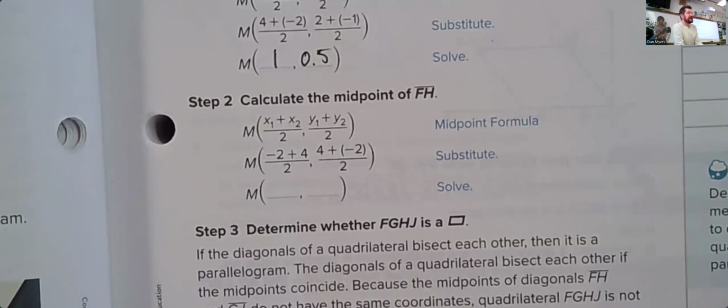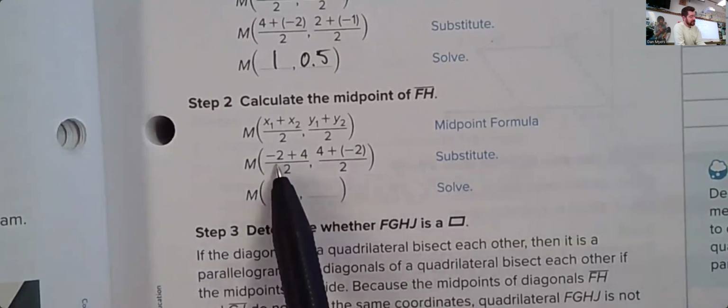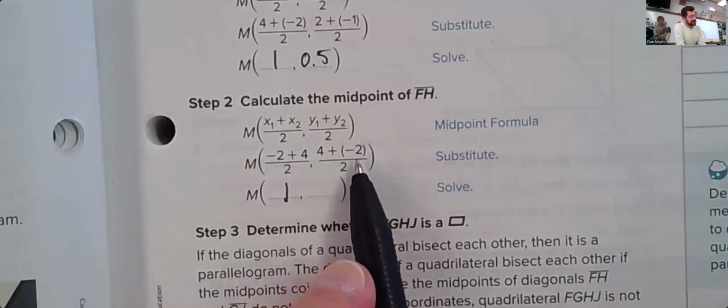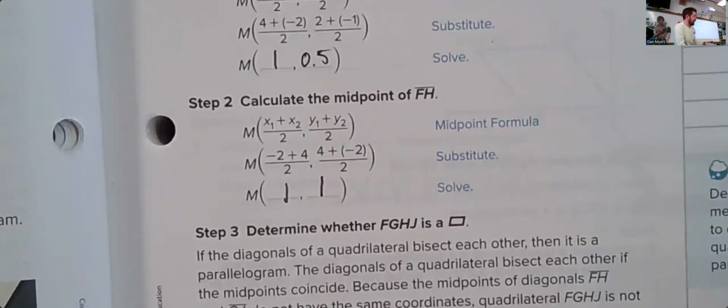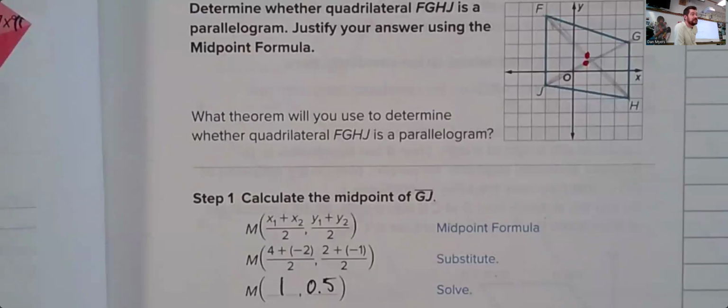Yeah, but you have to do the 4 plus -2 first and then divide by 2 after. All right, so this next one, -2 plus 4 is 2, 2 divided by 2 is 1. 4 plus -2 is 2, 2 divided by 2 is 1. So the midpoint of the other one is at 1, 1, which is a little bit above it right there. Those are not the same coordinate.